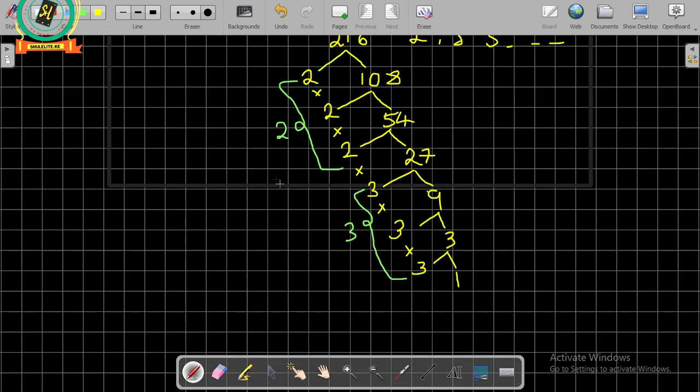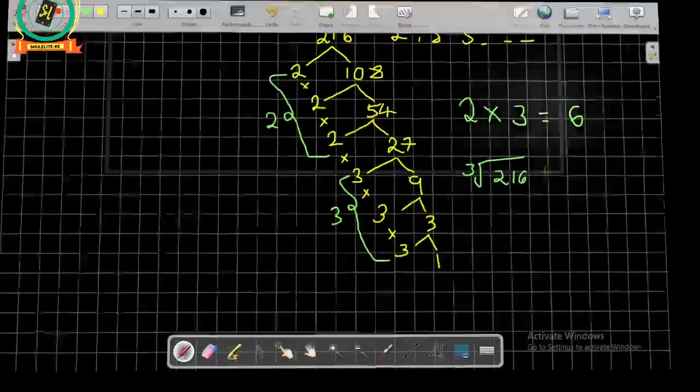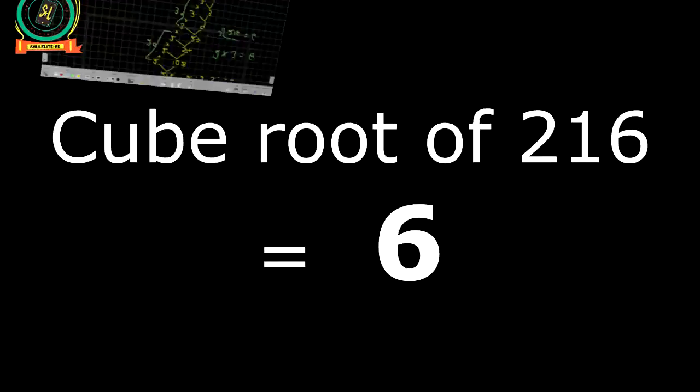Then when we multiply the item picked from each group, for our case, it is going to be 2 by 3, which is going to give us 6. And obviously, the cube root of 216 is 6.